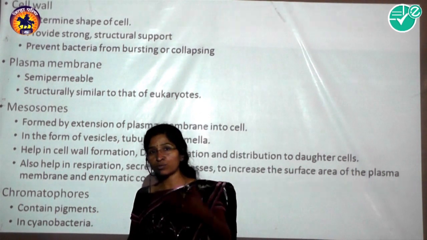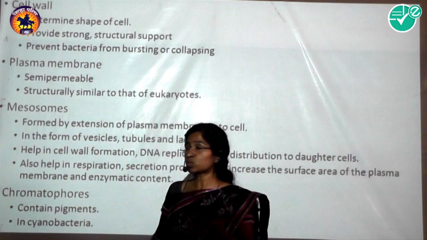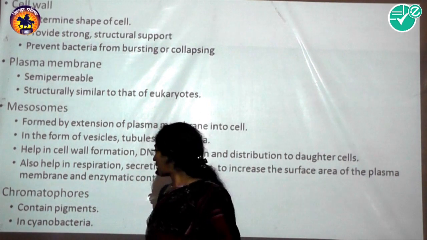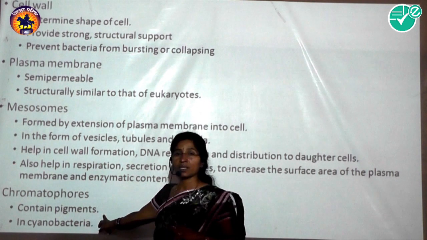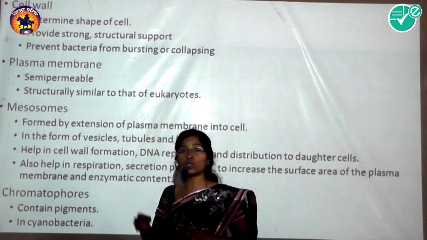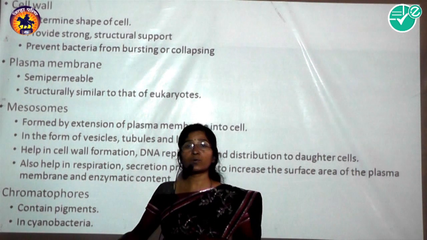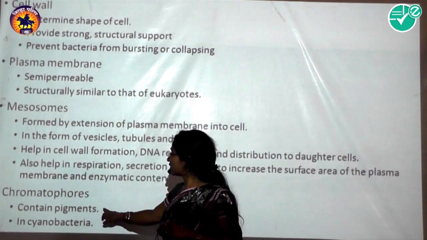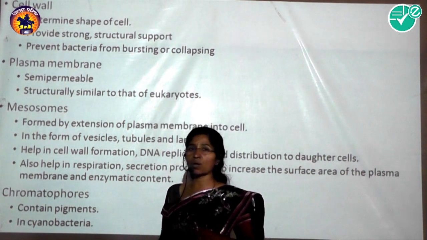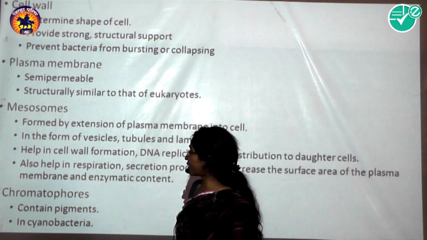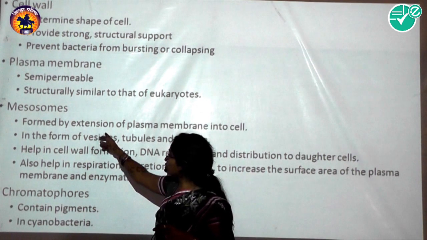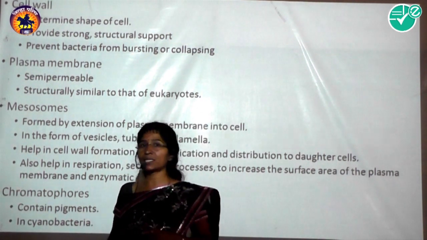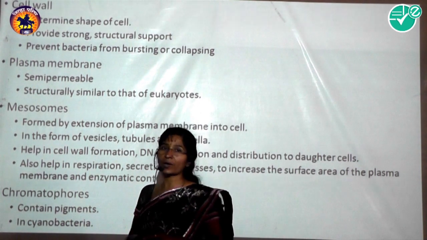They show chromatophores containing pigments: bacteriochlorophyll, bacteriophaeophytin and carotenoid. This is also a longer extension of the plasma membrane into the cytoplasm. Mesosomes and chromatophores are two membrane-bound organelles found in the prokaryotic cell.